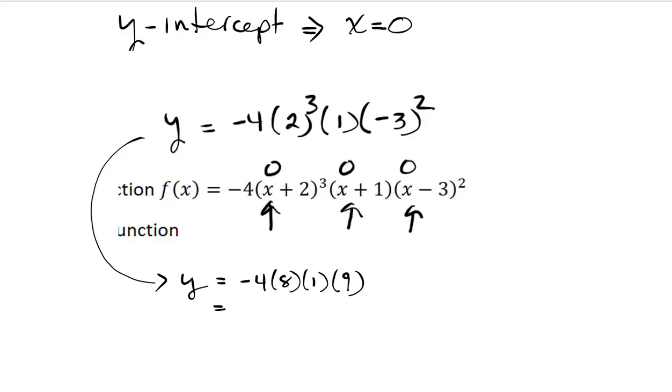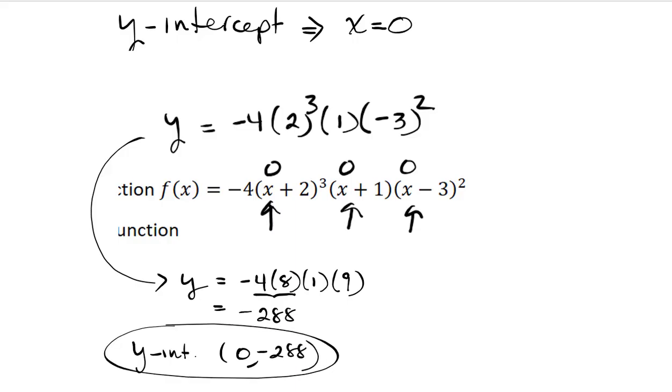And so simplifying this, we get -32 times 9, which is -288. So the y-intercept is 0 followed by -288, writing it as an ordered pair as well.